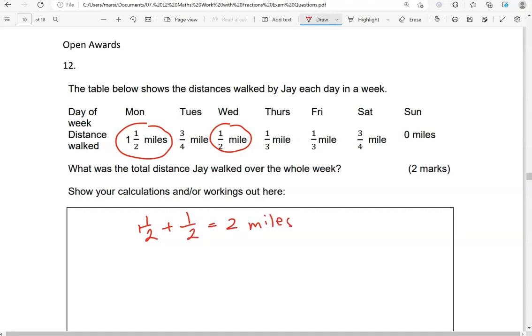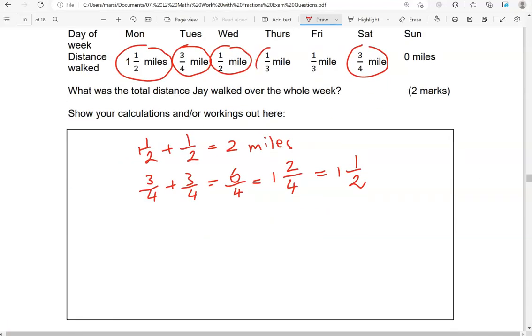So we've done these two. Now we've got 3/4 and 3/4, which is 6/4, which is 1 and 2/4, which is 1.5.